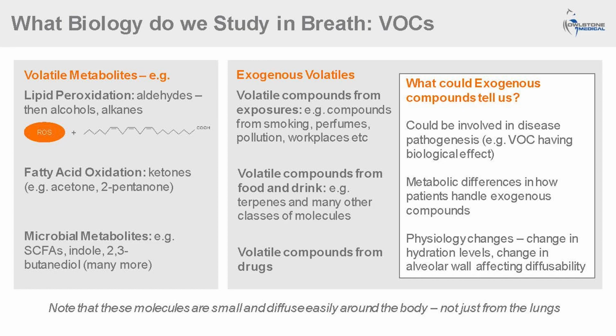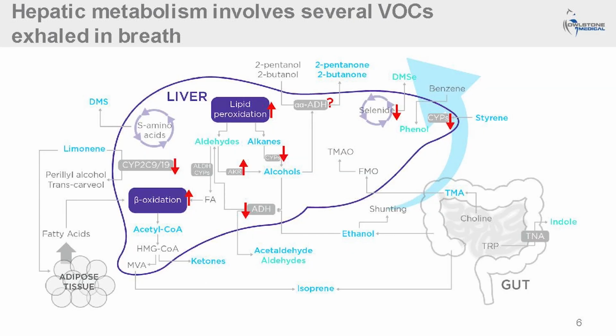And therefore, we can use these differences to identify subjects with a specific disease by using the alterations of these metabolic processes. So, for example, if we look at the liver, it is a source of many VOCs.